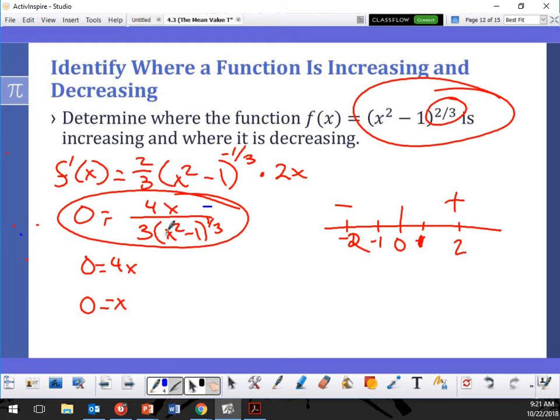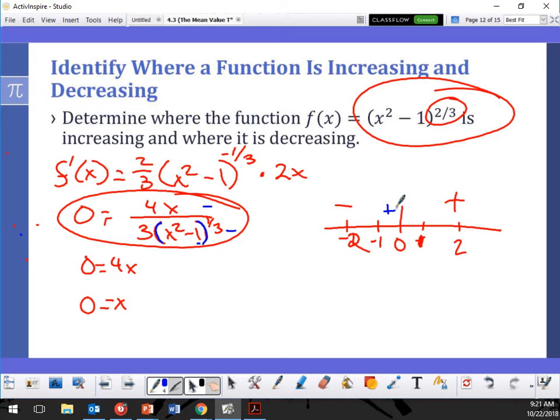So positive, but a 0.5 is less than 1, isn't it? So it's a positive that's less than 1. So that means that this whole thing right here is going to be negative, isn't it? That piece is going to be negative. So it's going to be negative times 3, which is also going to be negative, right? So a negative and negative makes that a positive. So this from here to here is a positive.